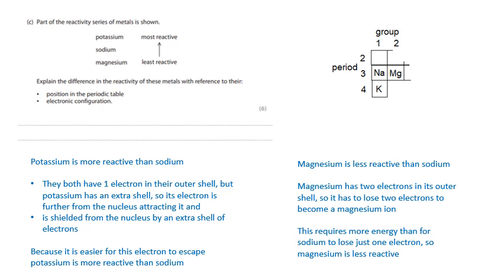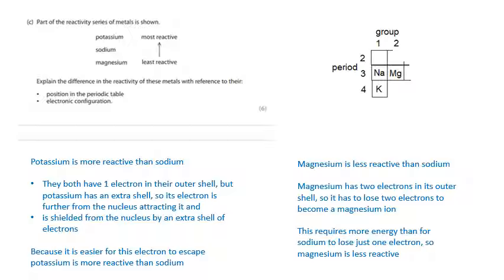So it's further from the nucleus. And remember that the nucleus is attracting these electrons. And also it's shielded by another shell. So the effect of the nucleus is less, it's diminished. Because of that, it's easier for that outer electron to escape. Therefore, it's more reactive.